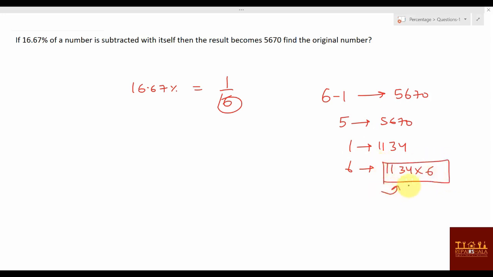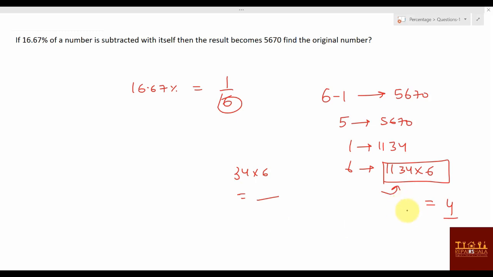And again, you don't always multiply and get the answer. What you can check is the unit digit. You can say unit digit will be 4. If in any 2 options the last one digit is the same, go for the last 2 digits. If you multiply 34 into 6, whatever the last 2 digits are coming there, it will be coming in the option also.